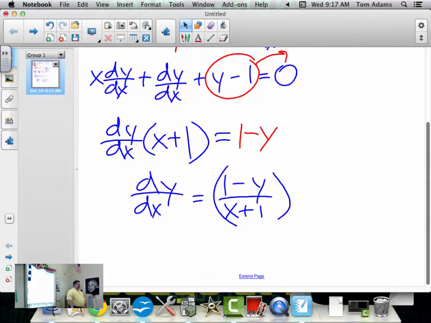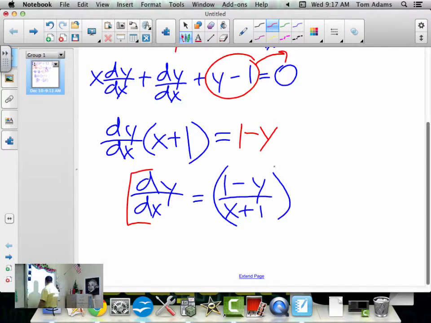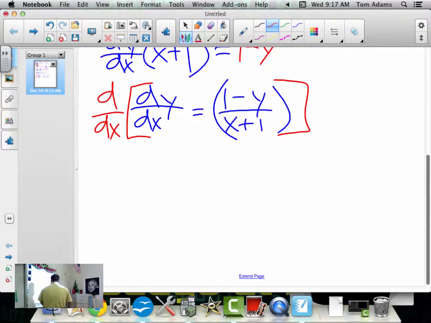But what did the question ask? Double derivative. Yeah, y double prime, right? So now I've got to take the derivative of this again. So now what I'm going to do is I'm going to take this whole equation and I'm going to differentiate with respect to x. So on the left hand side, I get y double prime is equal to. Now for this, I'm going to have to use what rule to take the derivative of this stuff right here?